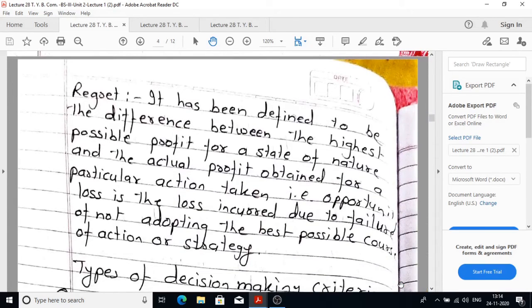Next definition, regret. It has been defined to be the difference between the highest possible profit for a state of nature and the actual profit obtained from a particular action taken. That is, opportunity loss is the loss incurred due to failure of not adopting the best possible course of action or strategy.